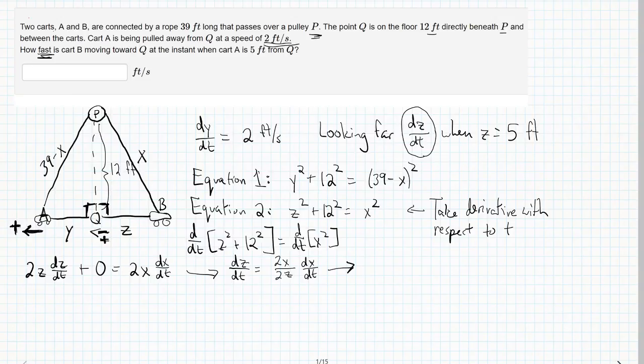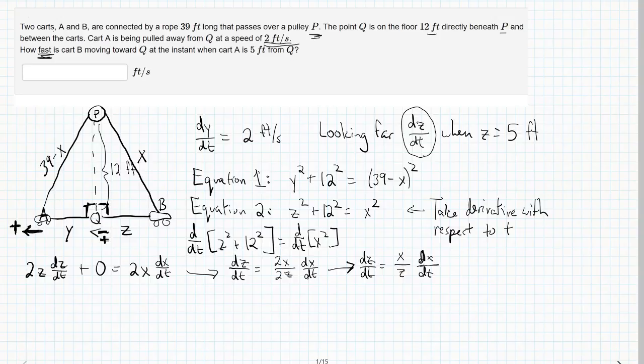Or in other words, dz dt equals x over z dx dt. Okay, so we have a setup now, right? We have dz dt, which is what we're looking for. Oh, that should have been a dx dt. Sorry, so that's a dx.